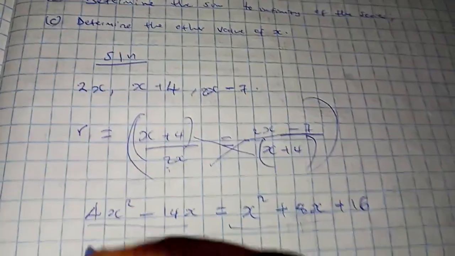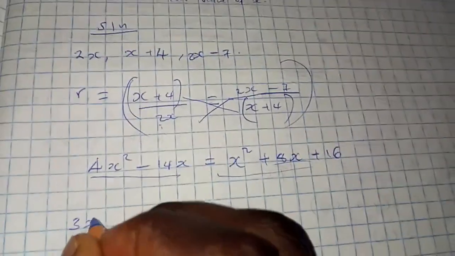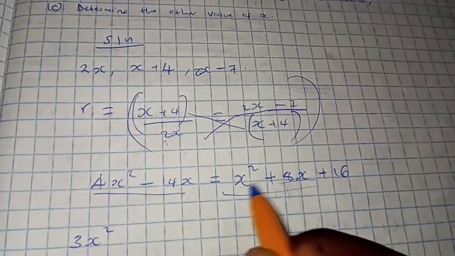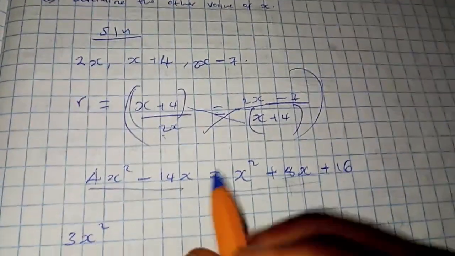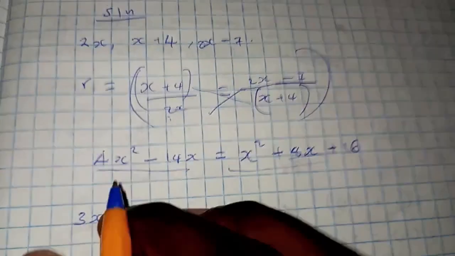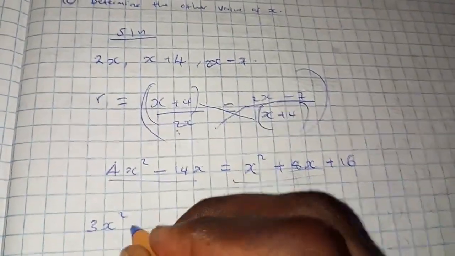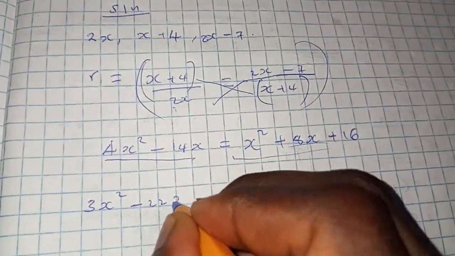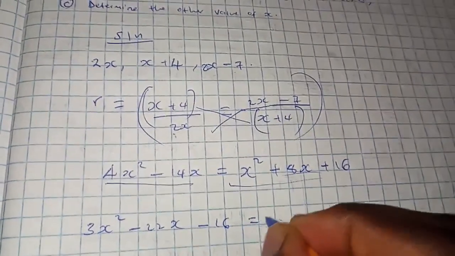So for 4x squared minus x squared, you are left with 3x squared. Then this is minus 14x, we shall be having minus 14 minus 8, which is minus 22x. Then 16 minus 16 equals to 0.